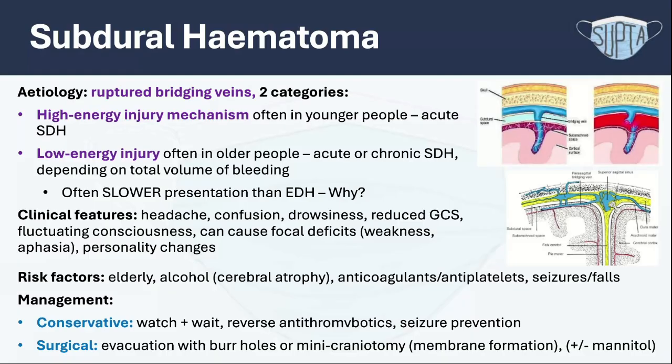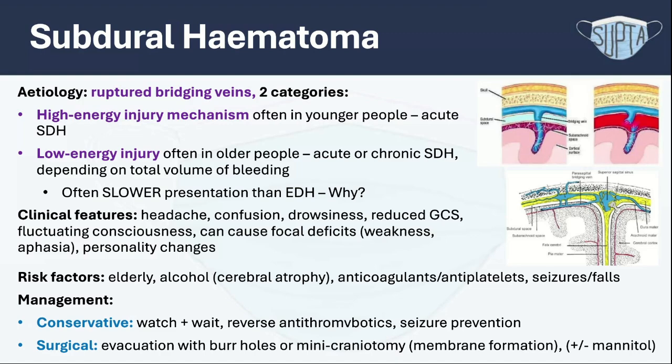So the important risk factors to remember are older age, because age-related brain atrophy stretches the bridging veins. Alcohol dependence, because that can also cause cerebral atrophy, even in younger people, and increases the risk of falls.